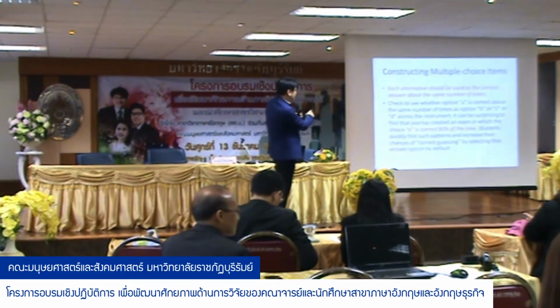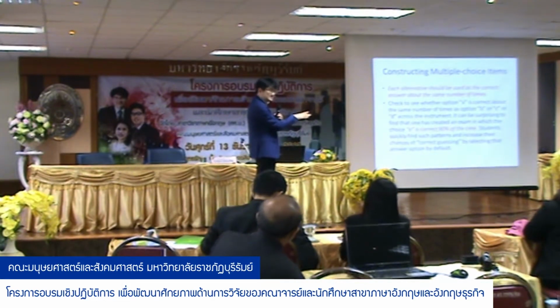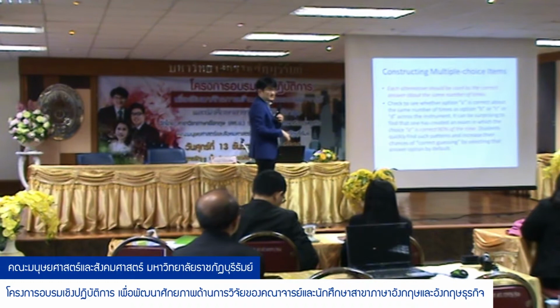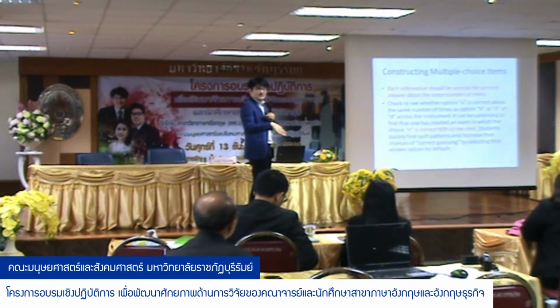Have you noticed that when we prepare a multiple choice test in particular, usually choice A is correct 90% of the time? We put the correct answer in choice A because we know the answer. We type the correct answer first, then B, C, D as distractors.